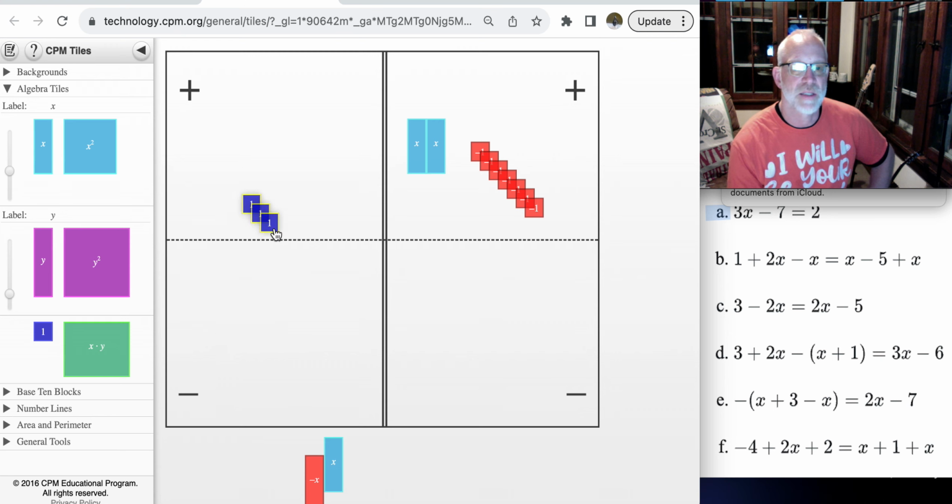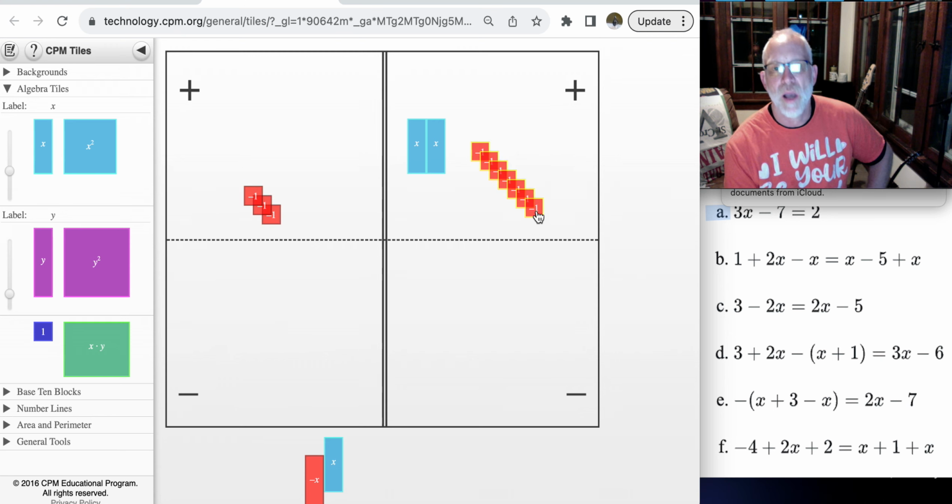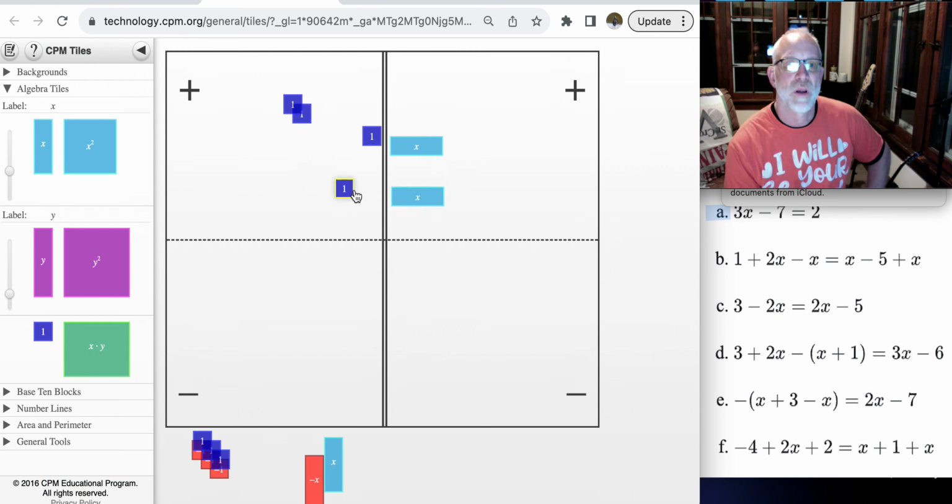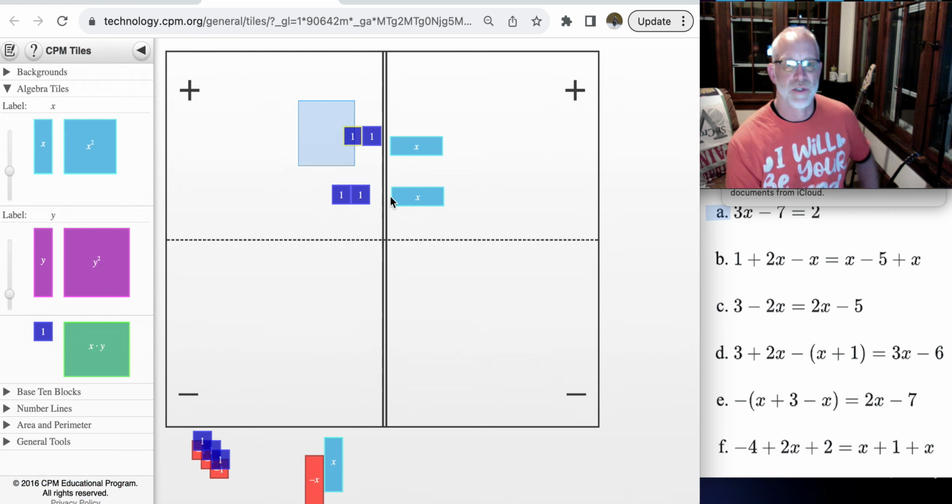And I'm going to take these 3 positives up here to become negatives. I'm going to leave my blues here, pull my units over here. They become positive. And then I see 3 0 pairs. There and there, pull those out. So right now we have 2 x's equals 4, or 1x equals positive 2.